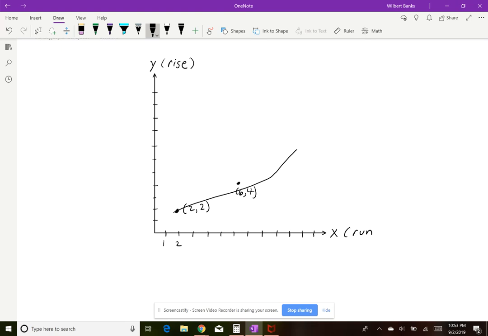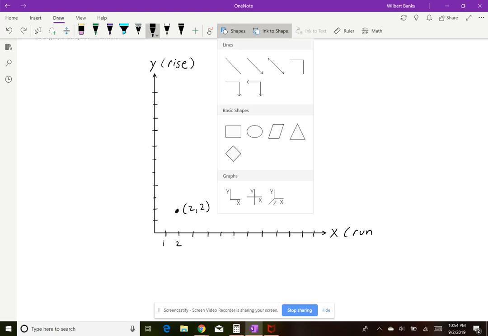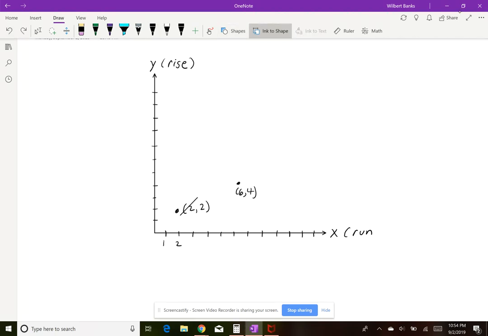So I'm going to try to do that real quick and get a shape, and I'm going to go through both of these points.